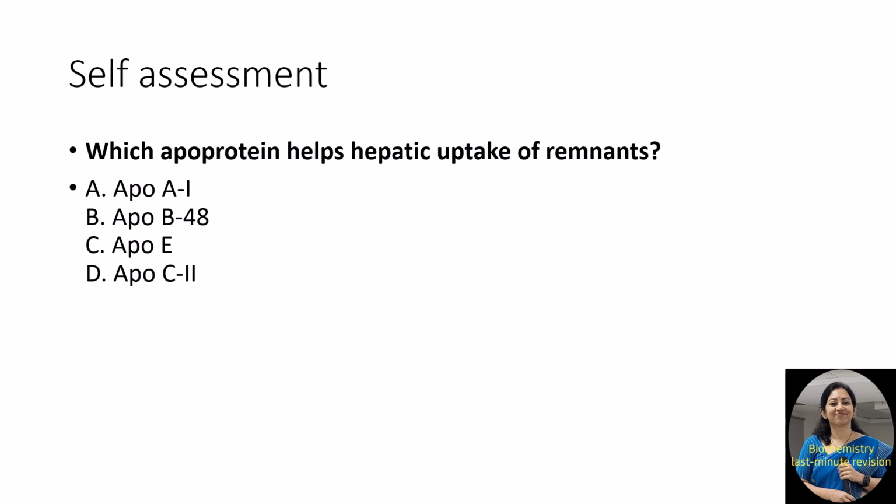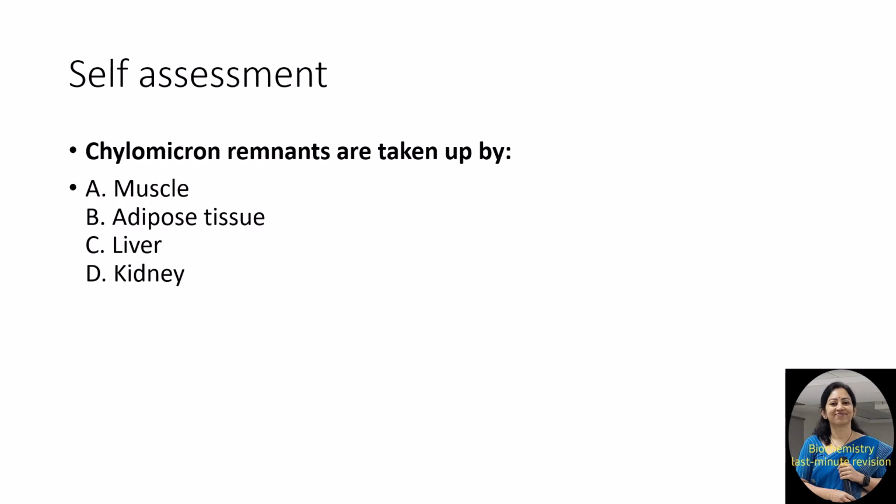Which apolipoprotein helps hepatic uptake of remnants? It is E. This will help uptake of VLDL remnant, chylomicron remnant, IDL, LDL; everything is taken up inside the hepatocytes, where the cholesterol is delivered for excretion with the help of ApoE.